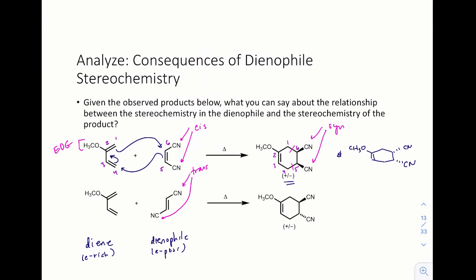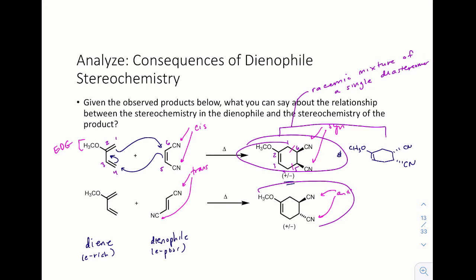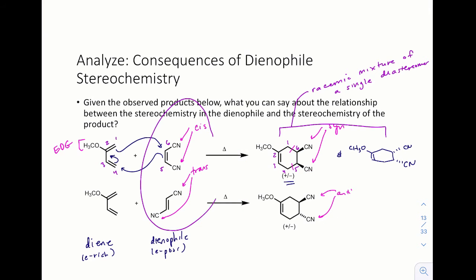In fact, that product is the single major organic product of the Diels-Alder reaction between the trans dienophile and that same diene. Each of these products is a single diastereomer and depends on the diastereomer of dienophile that is used.